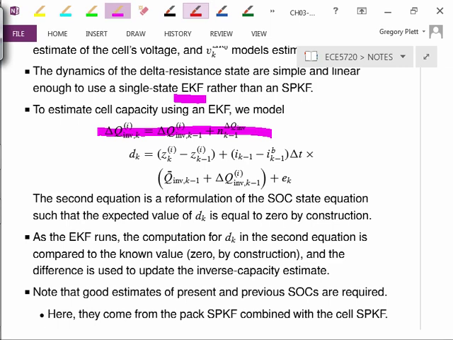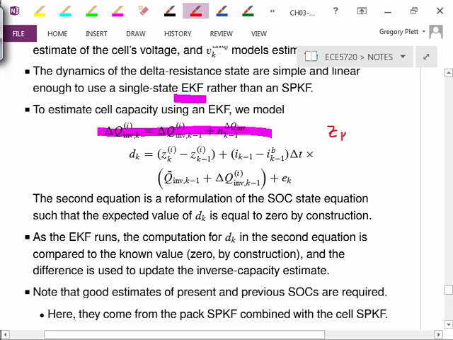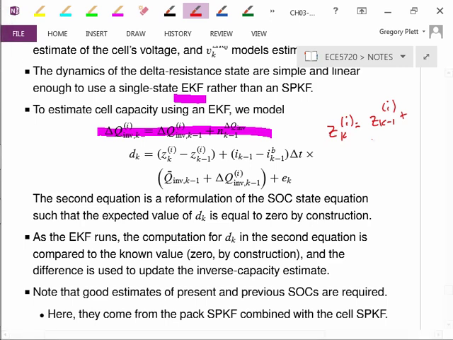So we say, well, the state equation is z_k^i equals z_{k-1}^i plus the bias-corrected current times delta t divided by capacity, or delta t times capacity inverse.